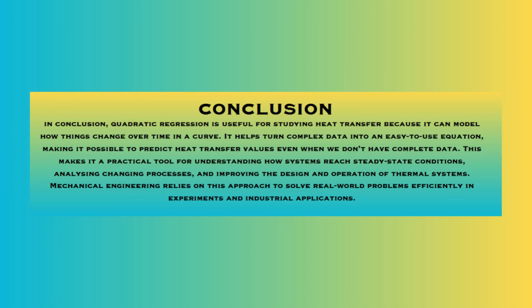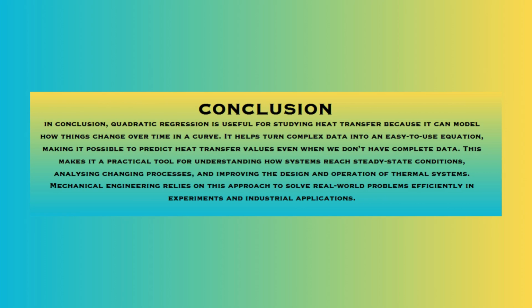For conclusion, quadratic regression is useful for studying heat transfer because it can model how things change over time in a curve. It helps turn complex data into an easy-to-use equation, making it possible to predict heat transfer values even when we don't have complete data.